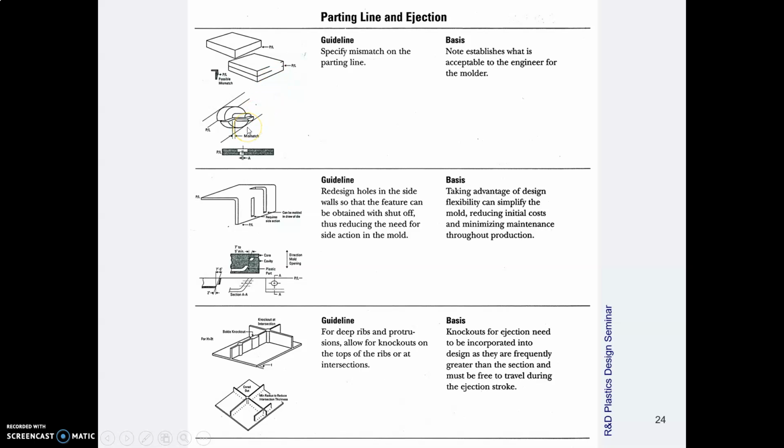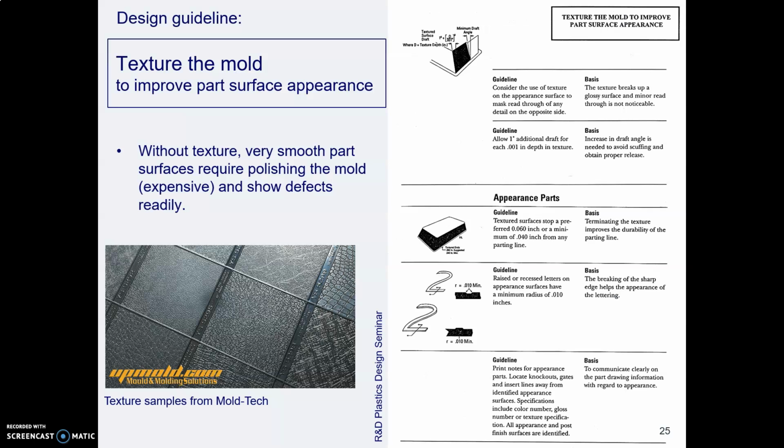In addition, you need to think about the tolerance. What is the tolerance for mismatch? If those two edges do not line up perfectly, how much misalignment can you tolerate? Then think about the mold surface. Now, if you have a smooth part like plastic picnic spoons, as I think we mentioned last time, those mold surfaces have to get refinished every so often.